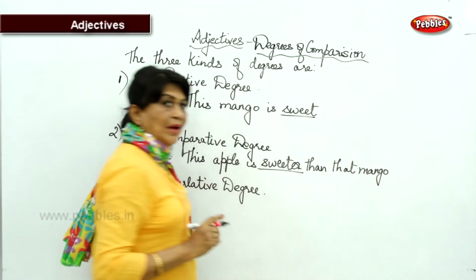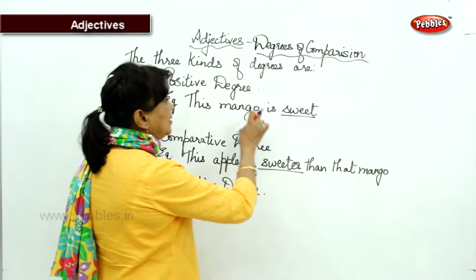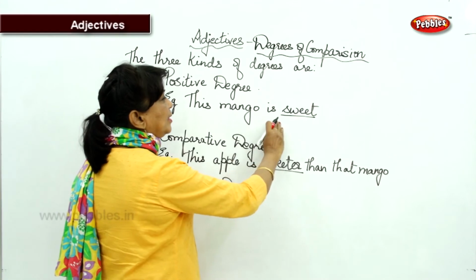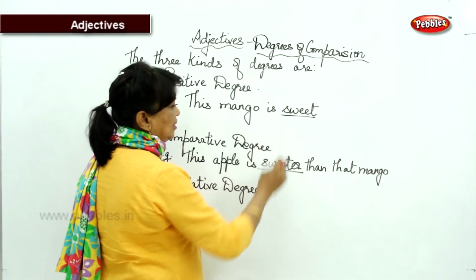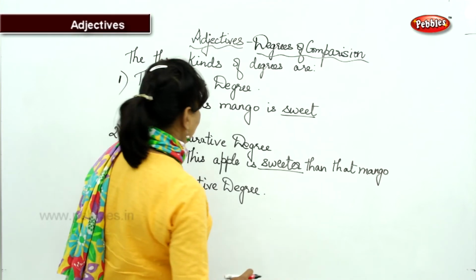Okay. Now, I have used an adjective which is better than the ordinary kind, that is sweet. Sweet, sweeter. Okay. Do you understand now?